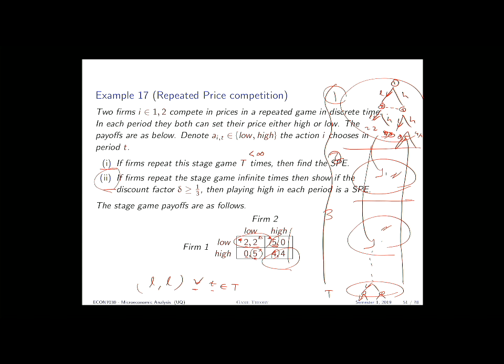But if the discount rate is small enough, then you may simply use the trigger strategy. If the discount rate is larger than the threshold, you will have incentives to cheat. Of course, this also depends on the difference between 5 and 4. If the cheating would result in a very large payoff, then cheating becomes more tempting to each firm.